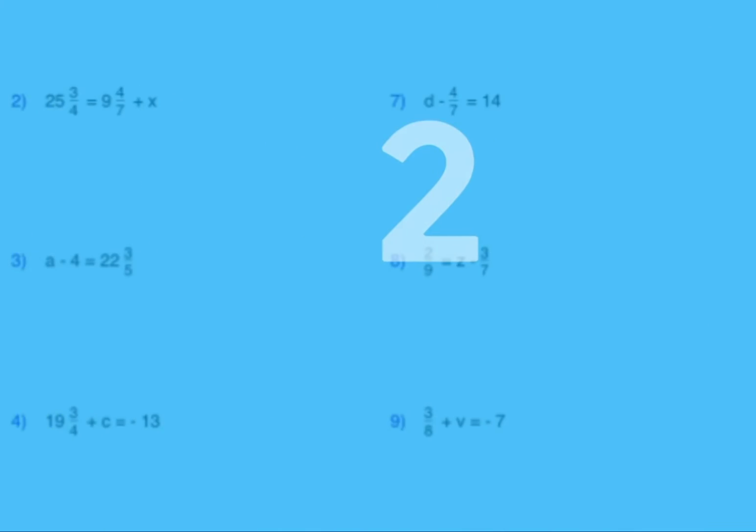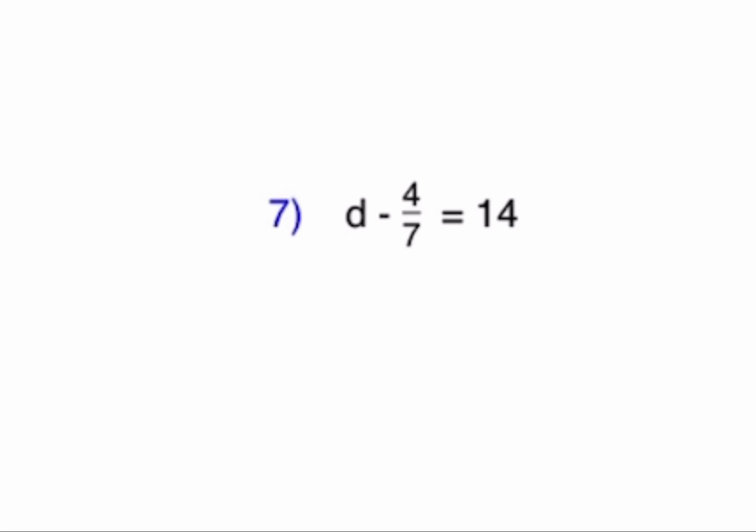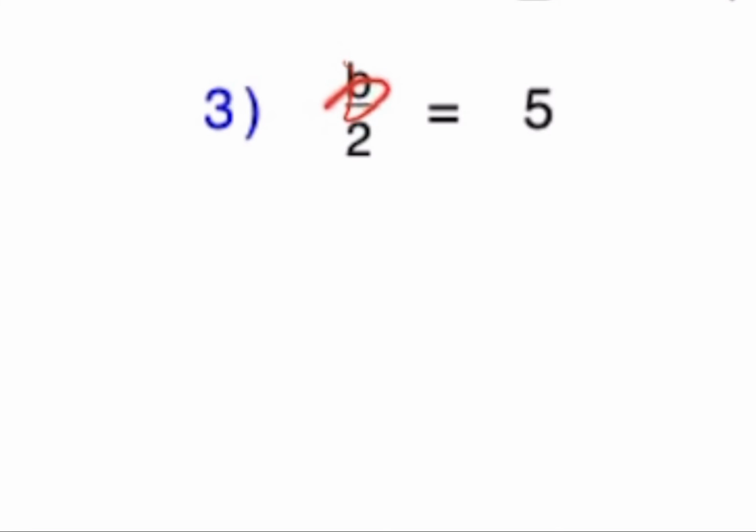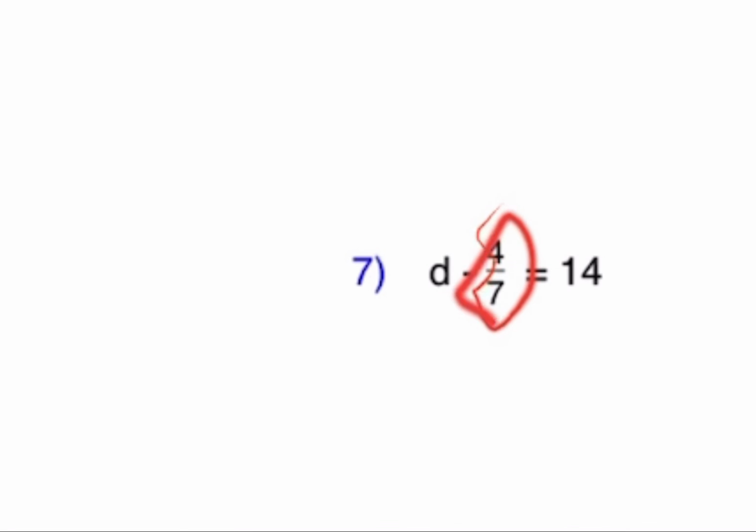So look at this one, okay? We have a fraction right here. Now you might say, oh, that means it's division. It's not division, because what operation is happening to the variable? It's subtraction, right? When we look over here, b is part of the fraction. That's why it's division here. But here, the variable has nothing to do with this fraction other than this fraction being subtracted from the variable.